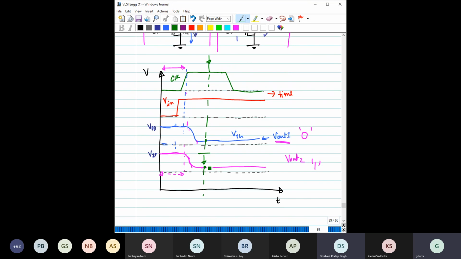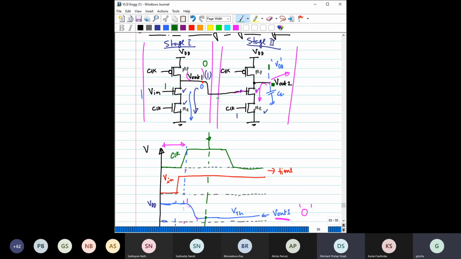That means you have a much lower voltage to drive this output, which is considered as 1, but if it falls too far, the next stage may not consider it as logic 1; it may consider it as logic 0.